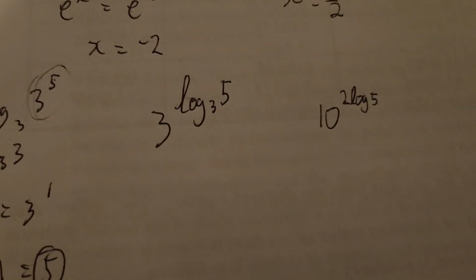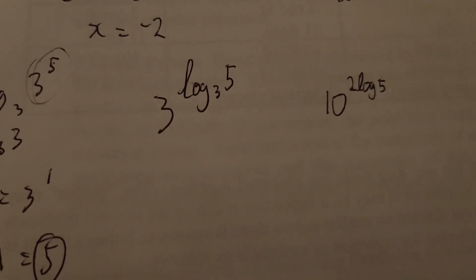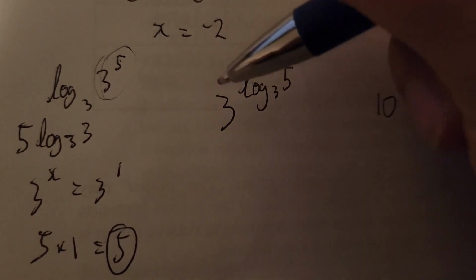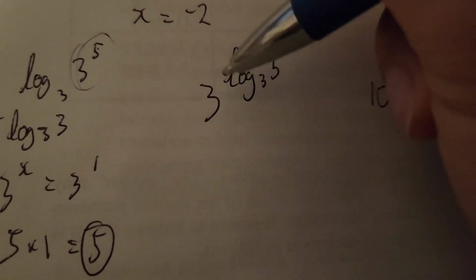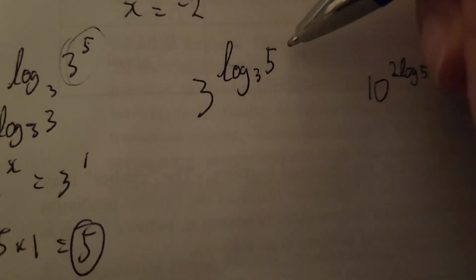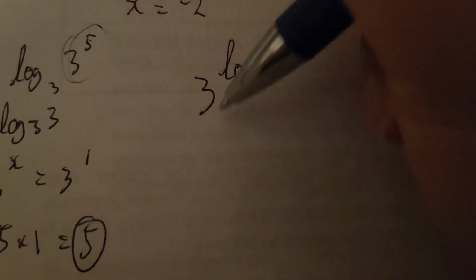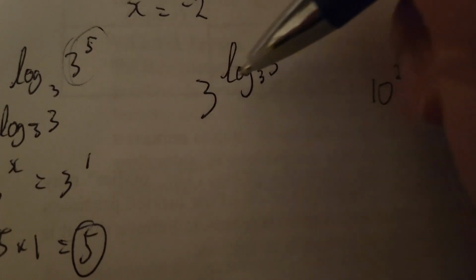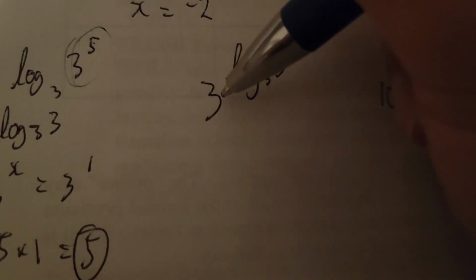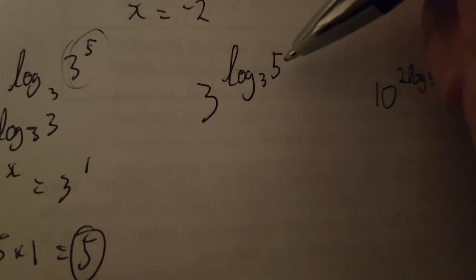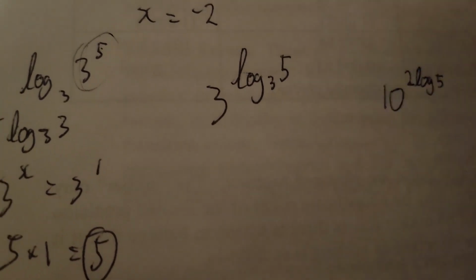Now, for this one, we have a new log rule. The log rule is if the base of the exponent, so we have 3 to the power of log 3, 5, is equal to the base of the log, which is taken to the power of, then they cancel out, right? And why do they cancel out?